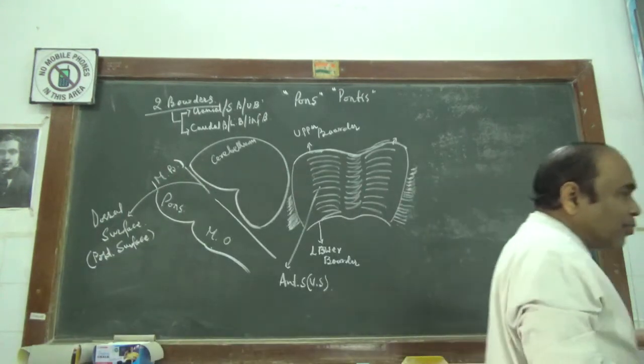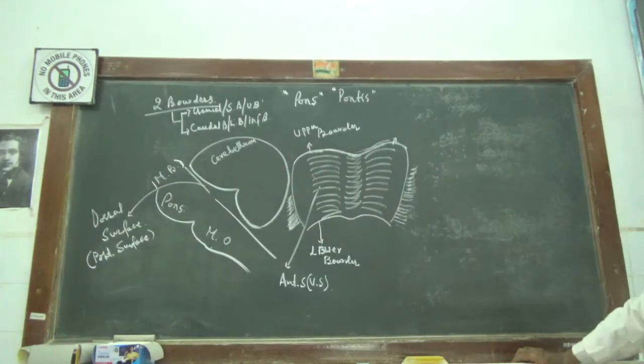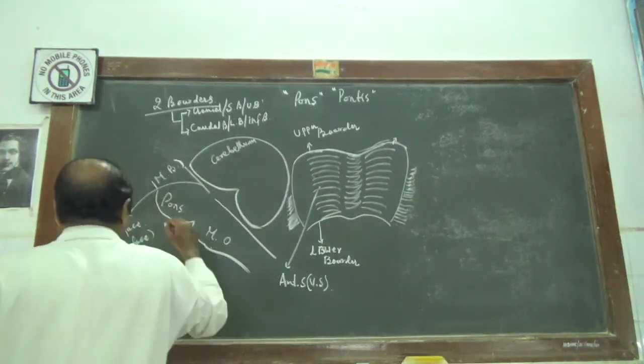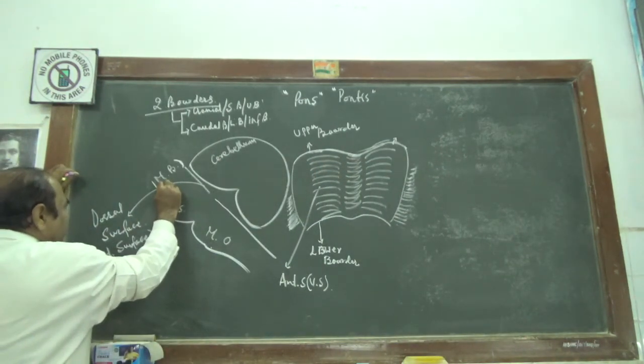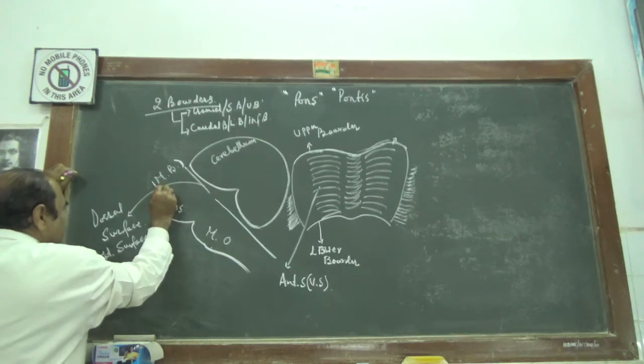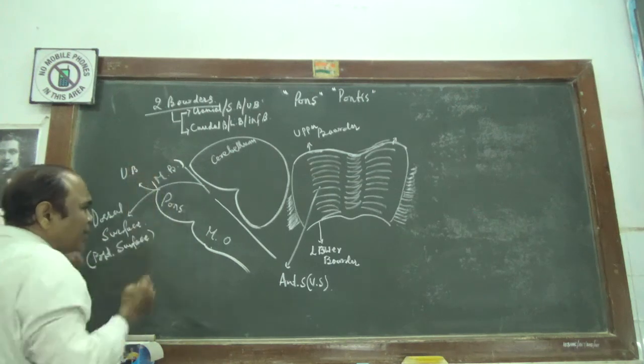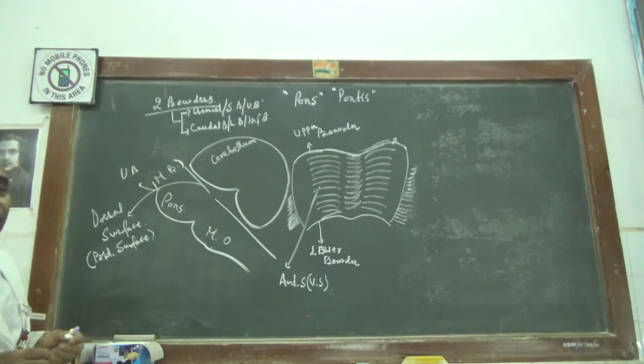Now we have to go to the upper border or the cranial border or the superior border, which will be directing forwards and upwards. It will be further continuing as the midbrain, or the mesencephalon of the encephalon.